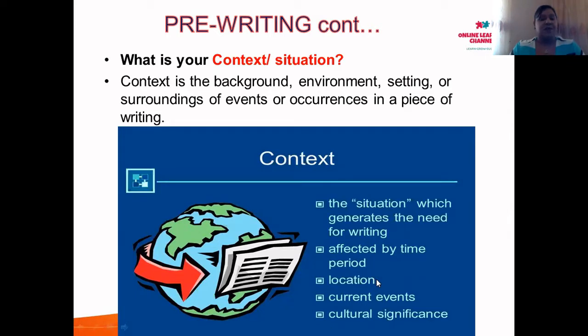The time, South Africa during the lockdown, and your affected time period would be the time duration during lockdown from the 27th of March till the end of April. And as mentioned, it would be affected by the current events of the coronavirus and the lockdown and the political situation.